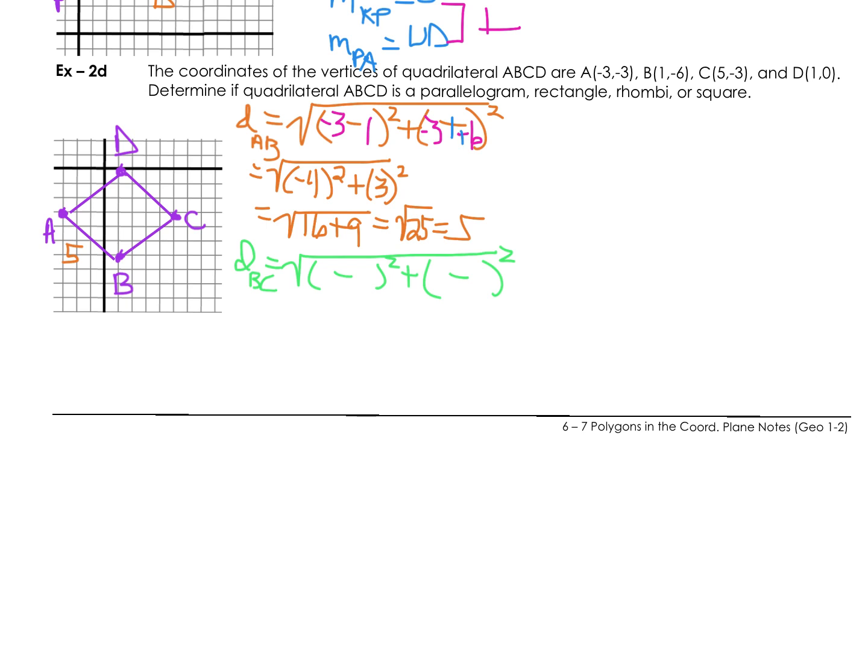All right, so my x's for B and C are 1 and 5, and my y's for B and C are -6 and -3. So take care of my double signs.